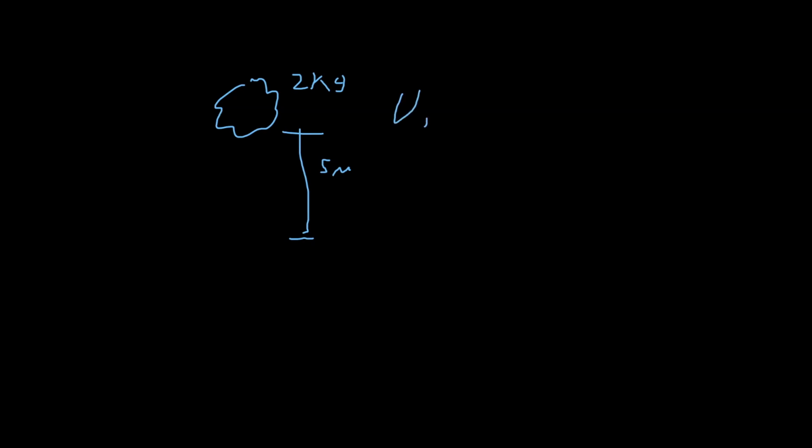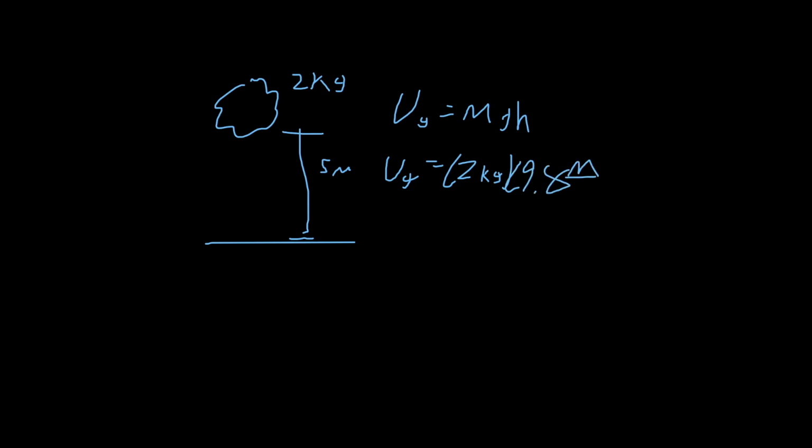And we remember from our gravitational potential energy formula that it is equal to mass times g times h, where h represents the height that it's going to fall down, which is equal to 2 kilograms times 9.8 meters per second squared times 5 meters.